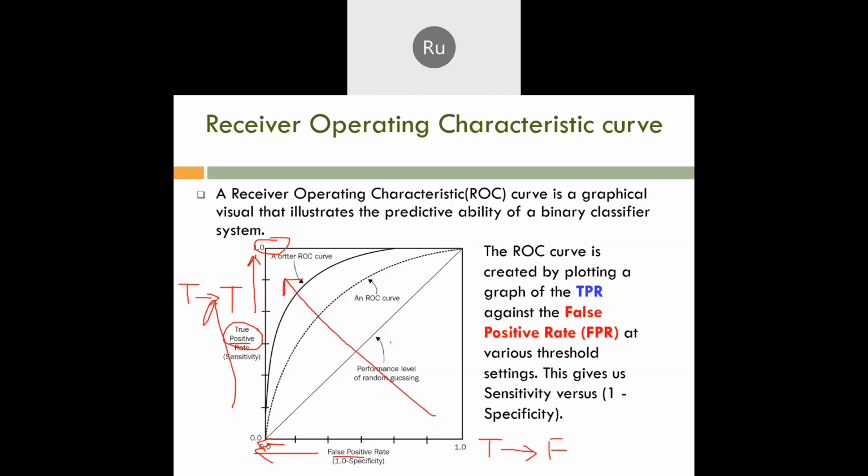But this one is the average. Okay, so that's how we measure the performance of the model, based on the true positive rate and also the false positive rate. The idea is we want to maximize the area under the curve. We will learn how to plot this curve later on.